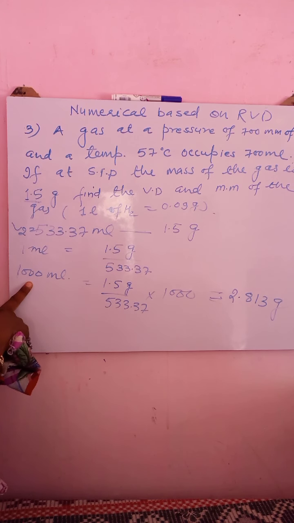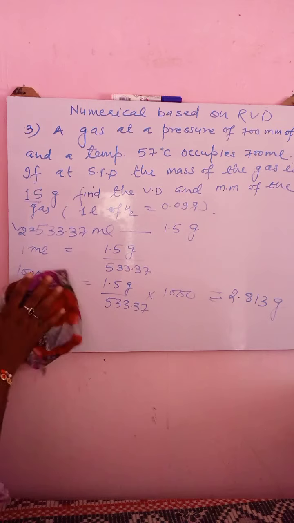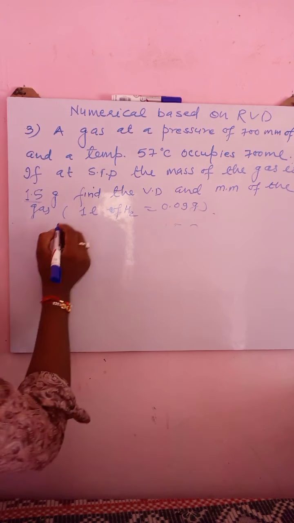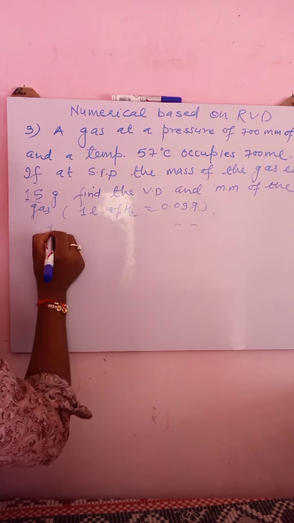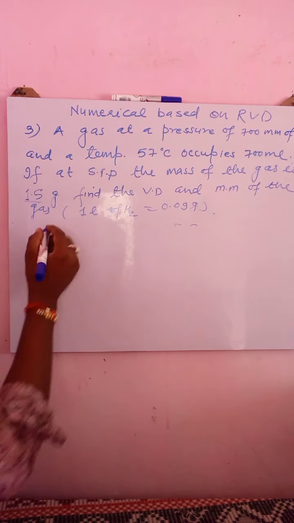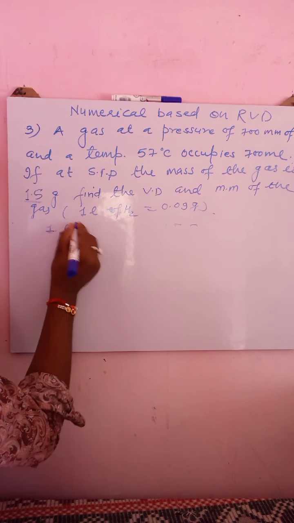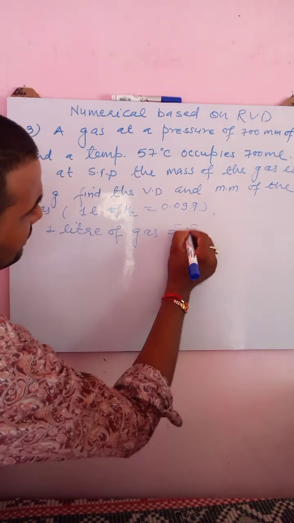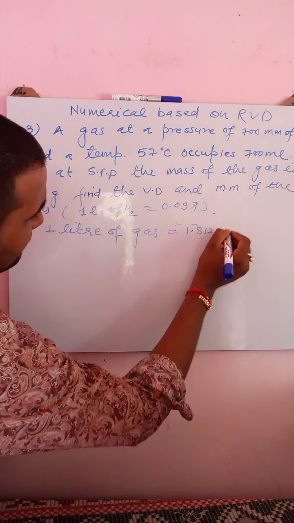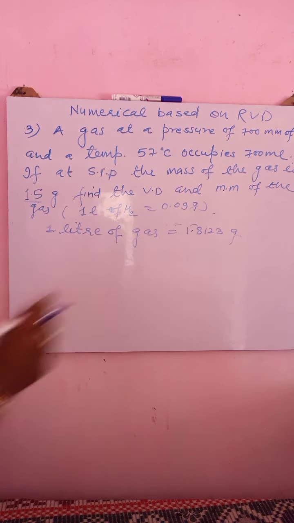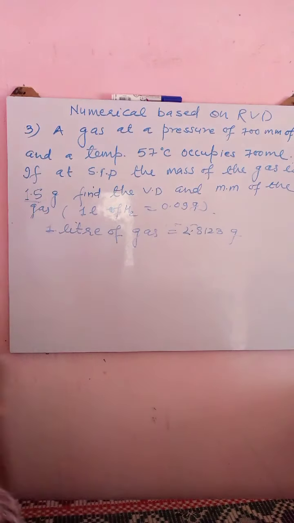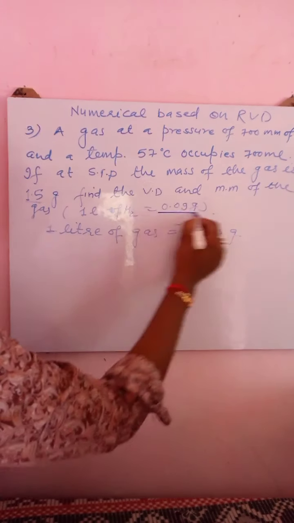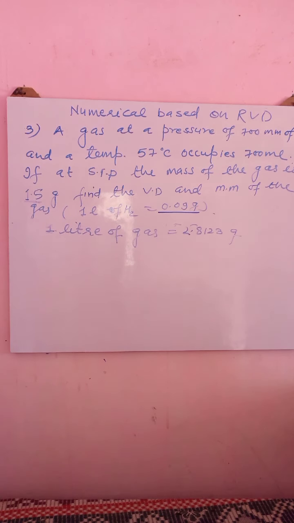Clear? Now we got the mass of 1 liter of the gas given in the numerical. It is 2.813 gram, not 1.813. Already the mass of 1 liter of hydrogen is given, which is 0.09 gram.